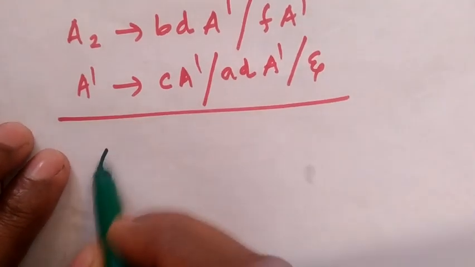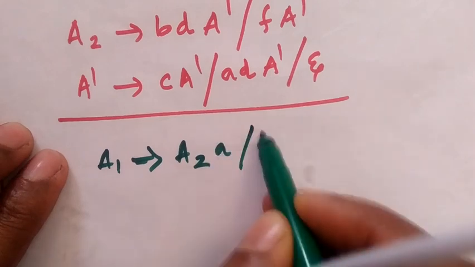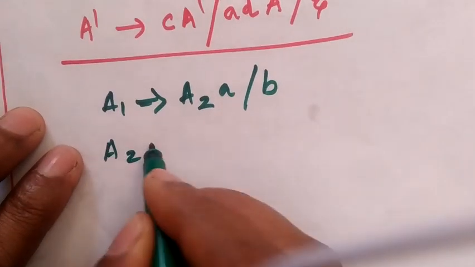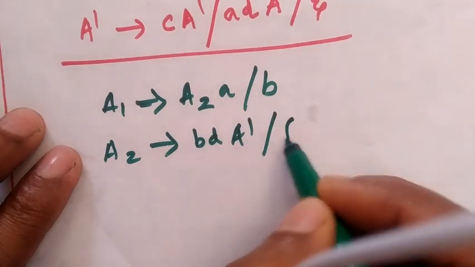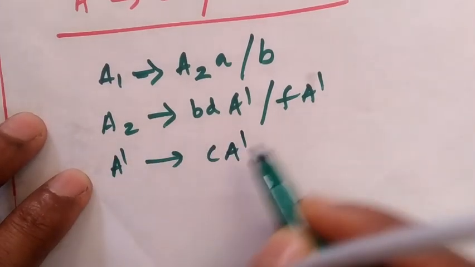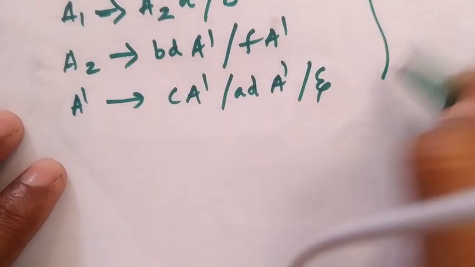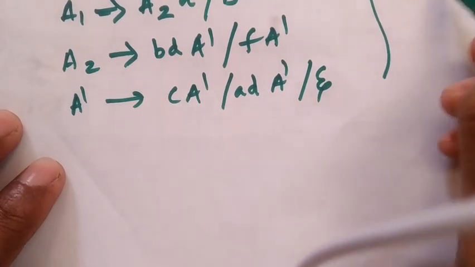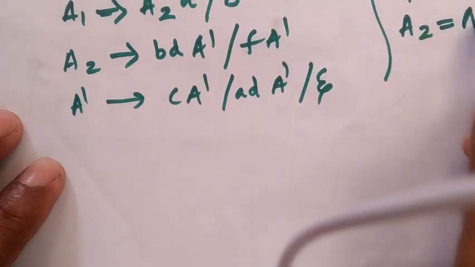So finally I will write what are the total final productions. A1 gives A2A or B, A2 gives BD A dash, F A dash, and A dash gives C A dash, AD A dash or epsilon. Then you can replace A1 by S and A2 by A. Then A dash is the new non-terminal.